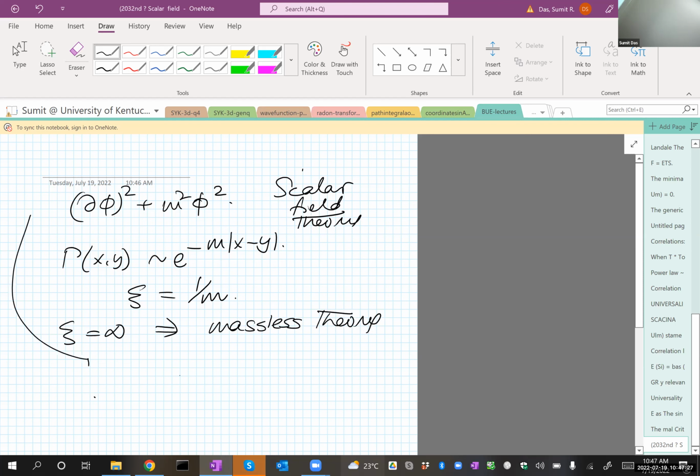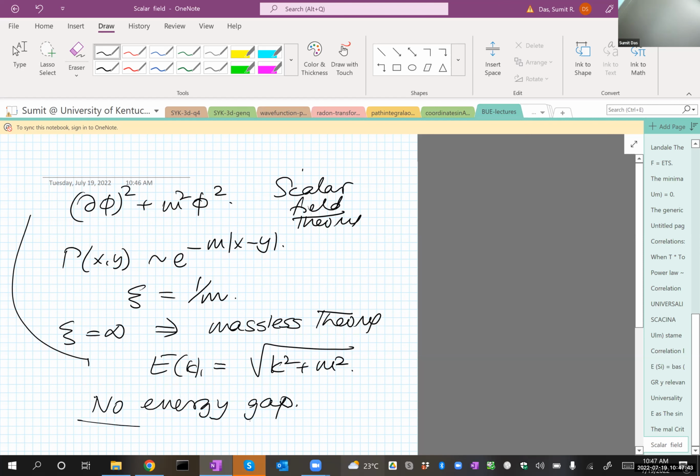And since for such a theory the energy dispersion relation goes as k squared plus m squared, this means a massless theory has no energy gap. This is the crucial point which we will use tomorrow to understand quantum quench, why there's something interesting and non-trivial about quantum quench across such a critical point.